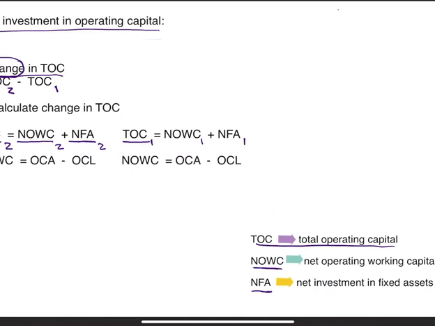Now, how do we calculate net operating working capital? We need to find our operating current assets minus operating current liabilities. Okay, and we do the same thing.